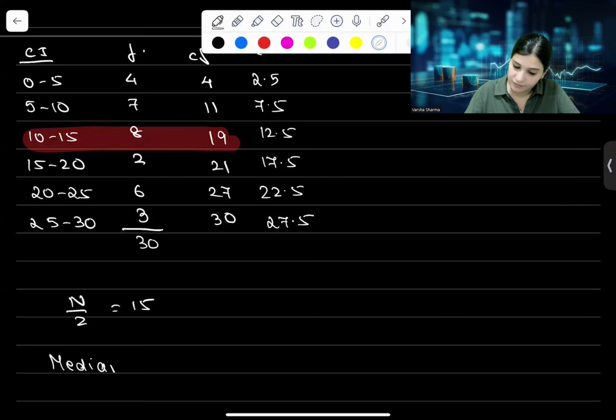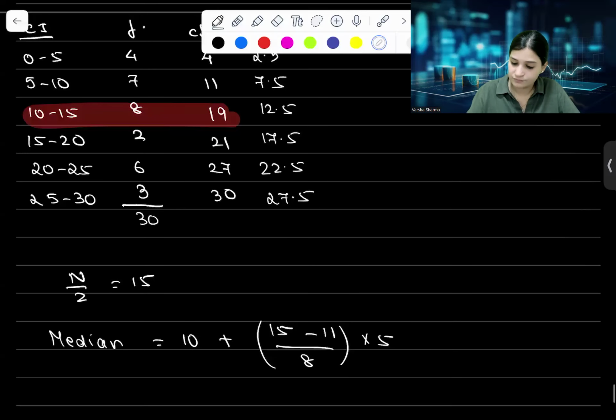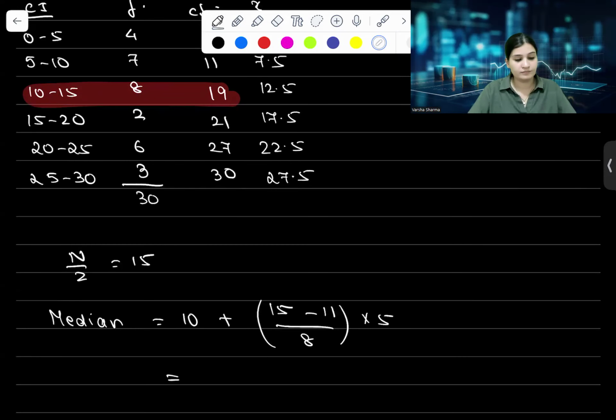So median will be L plus n by 2 minus CF by F into H. Calculate. 12.5.